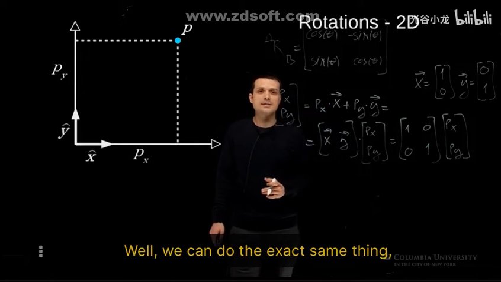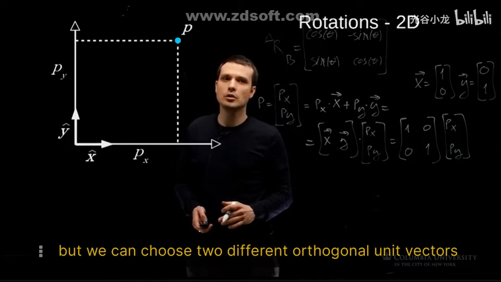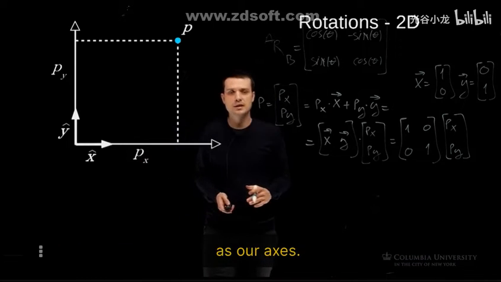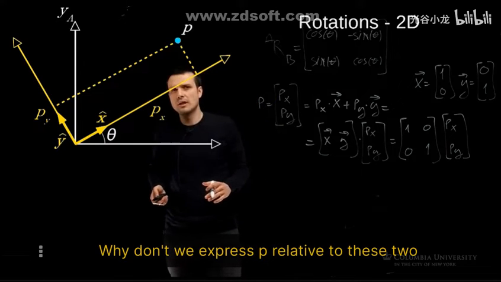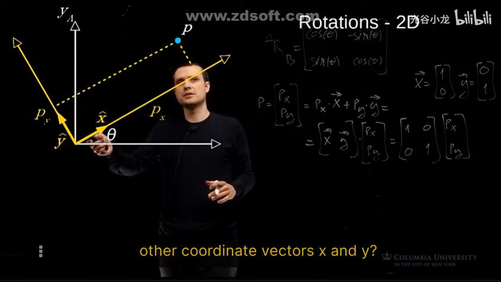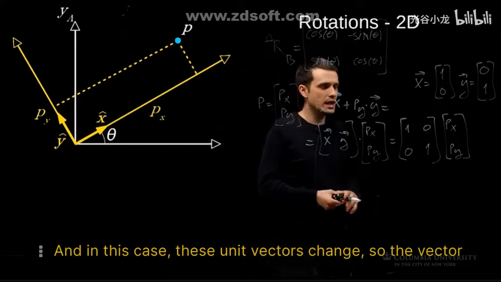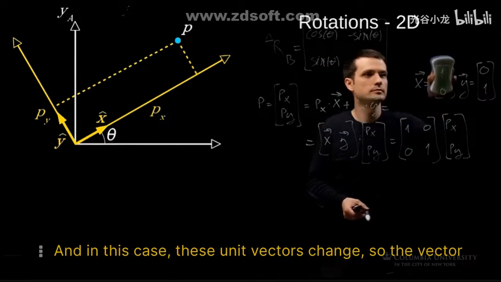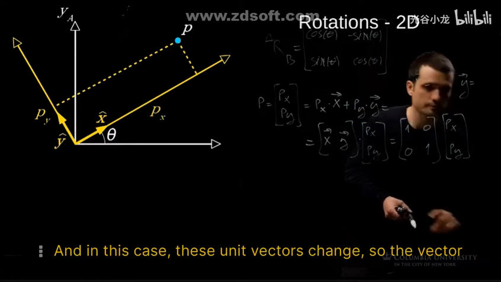Well, we can do the exact same thing, but we can choose two different orthogonal unit vectors as our axes. Why don't we express p relative to these two other coordinate vectors, x and y? And in this case, these unit vectors change.